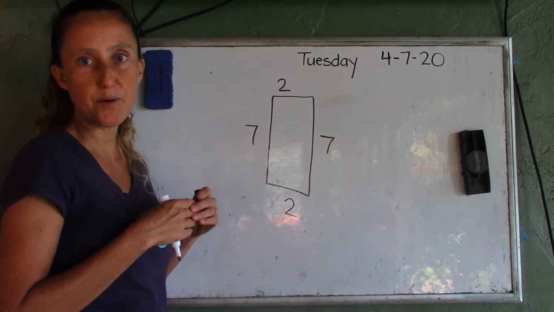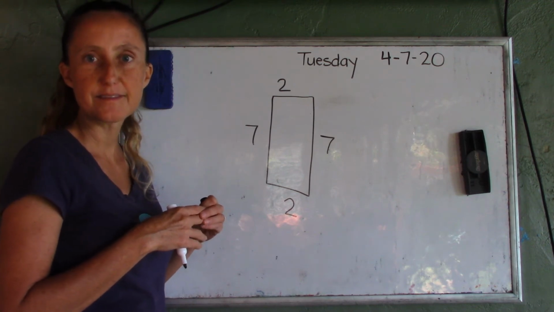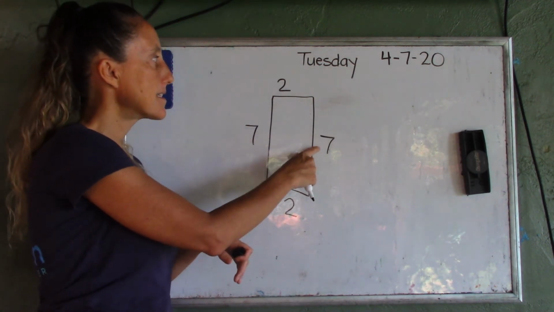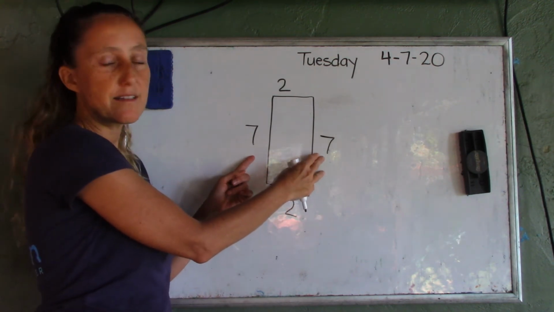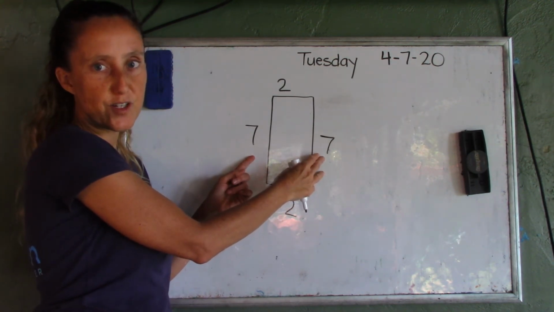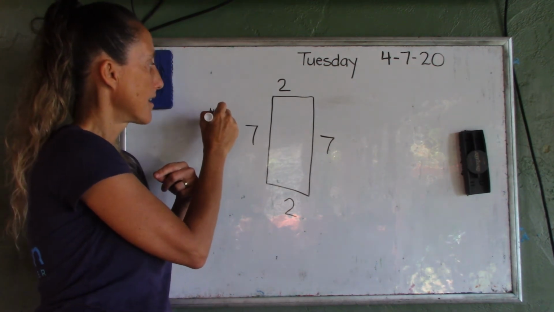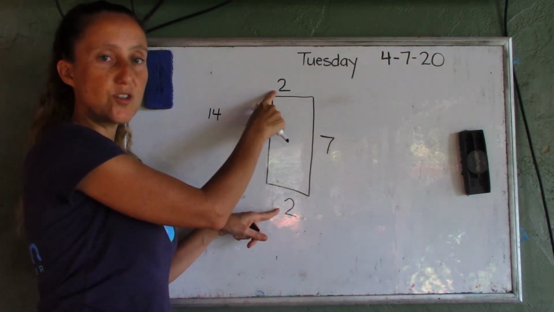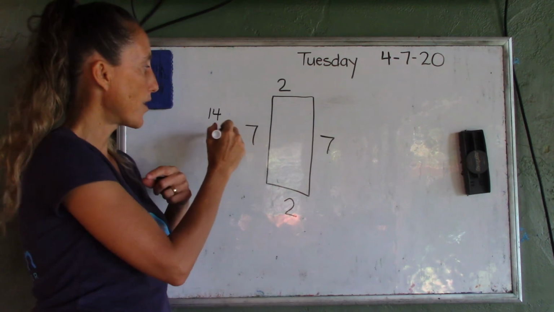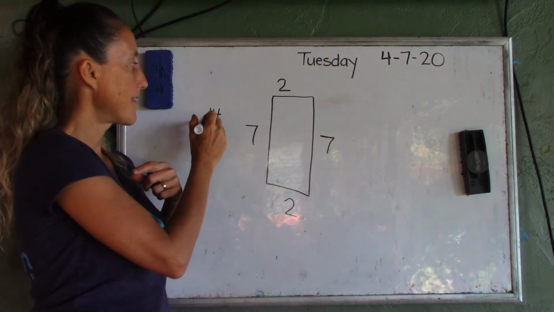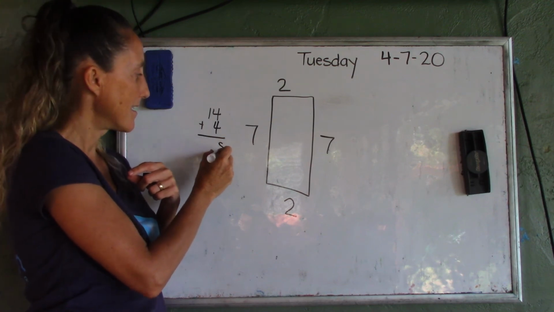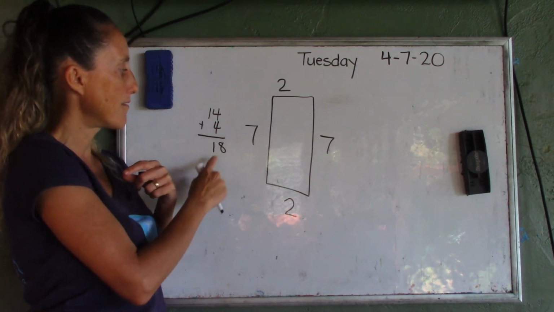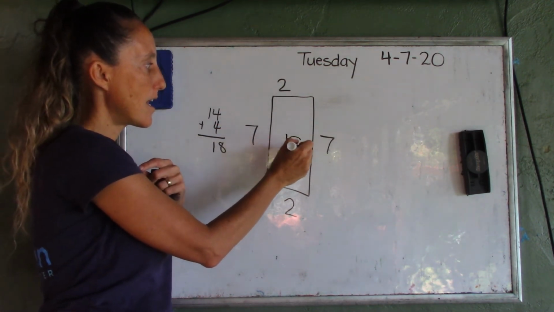How would I find the perimeter? I would add all the sides together. And the easiest way is to do the double. So 7 plus 7 is 14, right? And 2 plus 2 is 4. So I can add that together. 4 plus 4 is 8, and then the 1 just drops down. So the perimeter of my rectangle is 18.